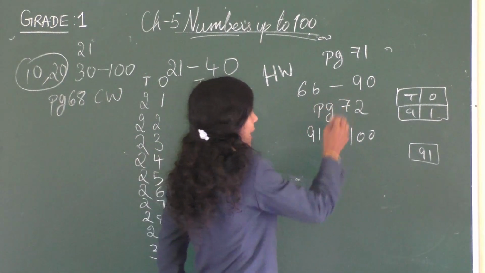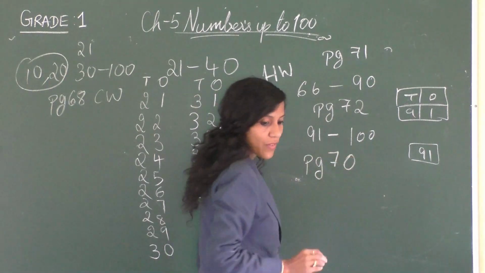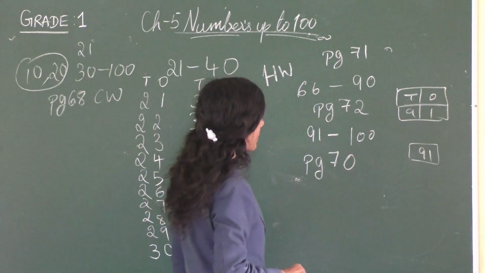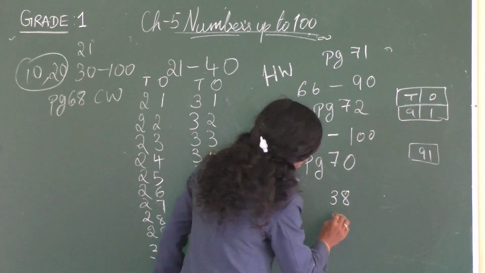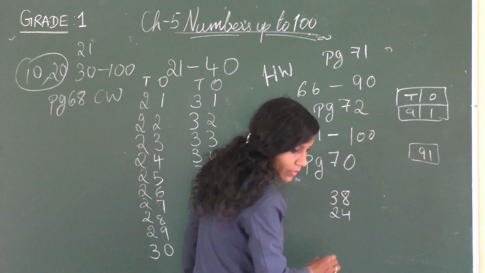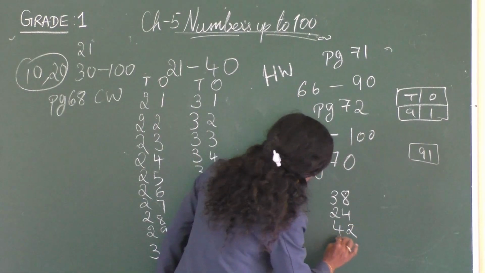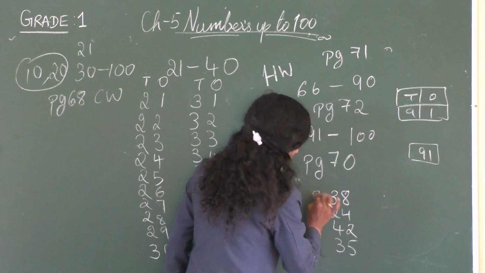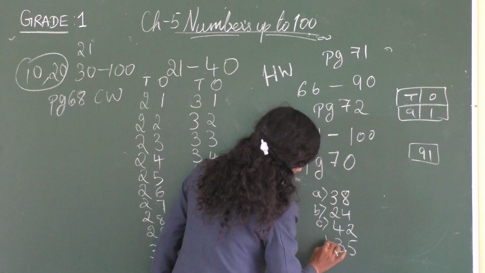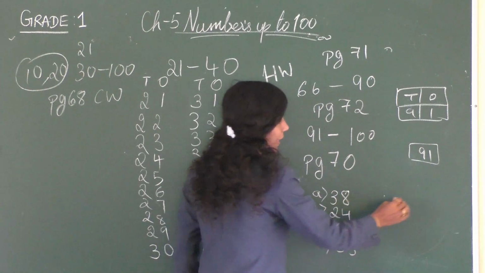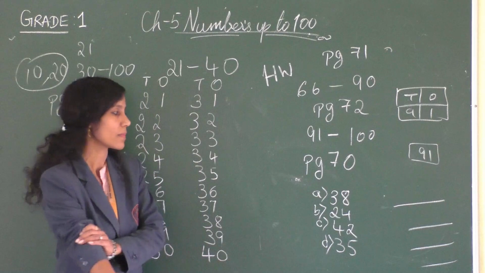Plus, on page number 70, we have the match the following, where they have given 38, 24, 42 and 35 with different number names.